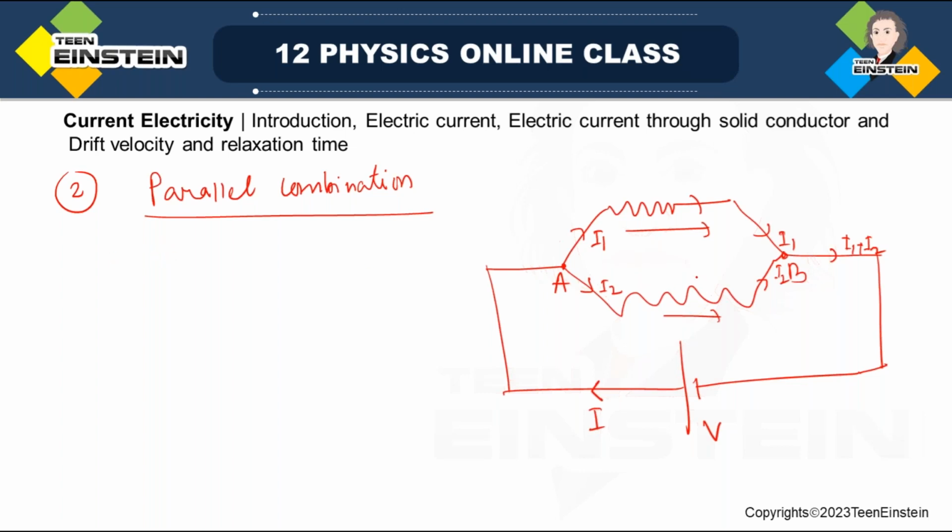In this case, A and B are across the same potential difference V. For both of them, the potential difference is V. Both the resistors R1 and R2 have their endpoints connected to the same points A and B, and A and B are connected to the battery terminals. So I1 plus I2 is equal to I.